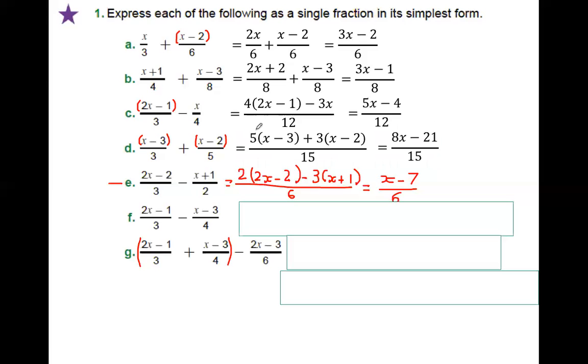Then 5 times x is 5x. 3 times x is 3x. 5 plus 3 is your 8x. That's where 8x is coming from. 5 times negative 3, negative 15. 3 times negative 2, negative 6. So negative 15, negative 6 gives you your negative 21.